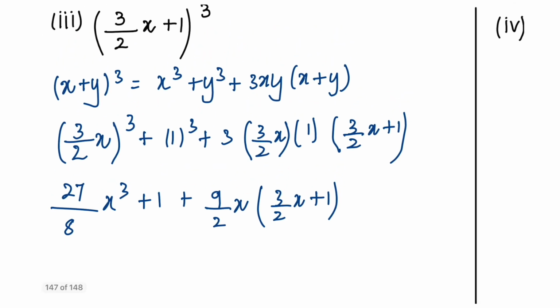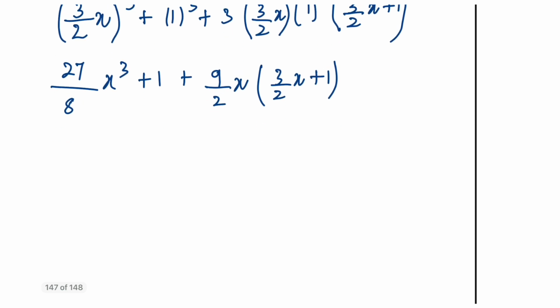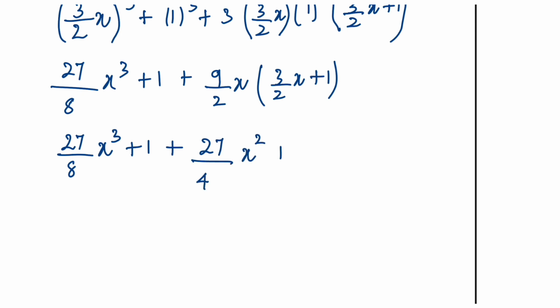Okay, writing it again. 27 by 8x cube plus 1. We are going to multiply it inside, so that becomes 9 times 3 is 27 by 4x squared plus multiplied by 1, right? So it basically becomes 9x by 2 or 9 by 2x.